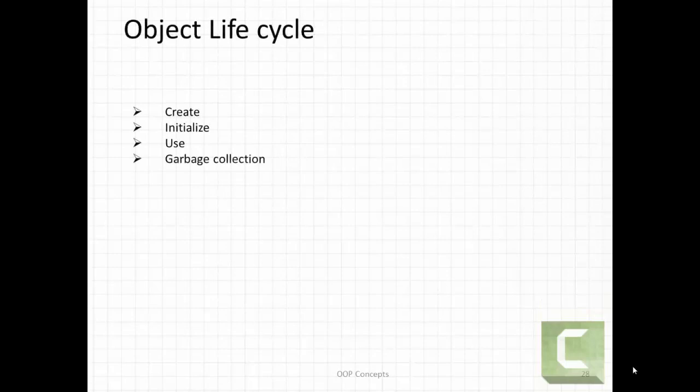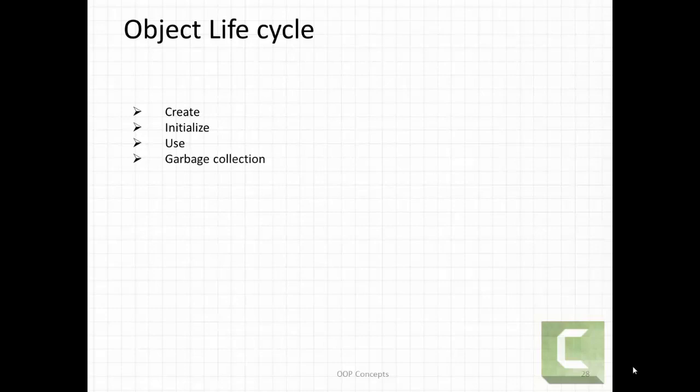The next concept is object life cycle. Suppose I am creating one class, and as I said, an object is an instance of a class. I create one object, initialize it, then use its methods or whatever activity it can perform. Then after that I destroy it.